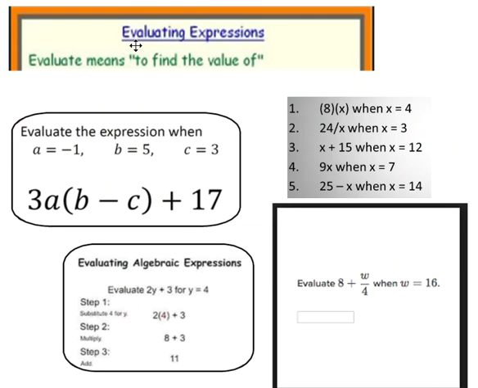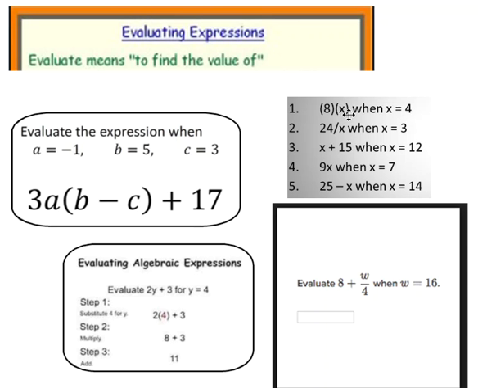When we talk about evaluating expressions, you can see up here in this first box, that means to find the value of. So if you evaluate an expression, you're finding the value of it. Like if we look over here, you can see some problems like this one that you're supposed to solve, and they give you the value of the variable. Like solve this when x equals 4.